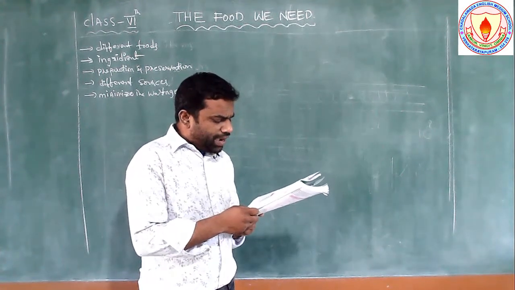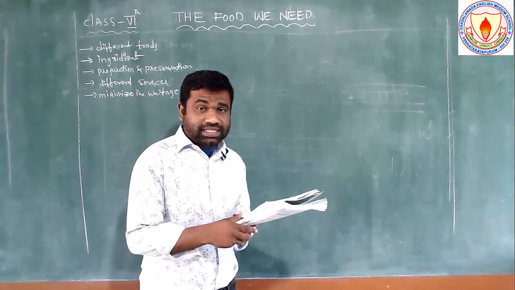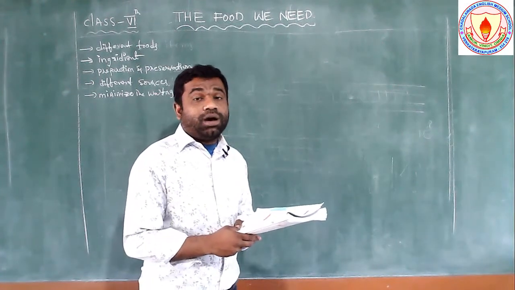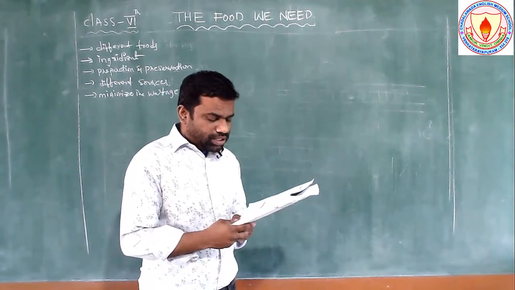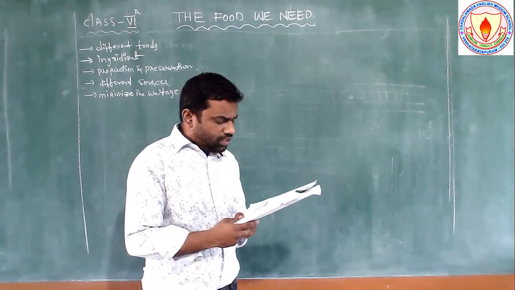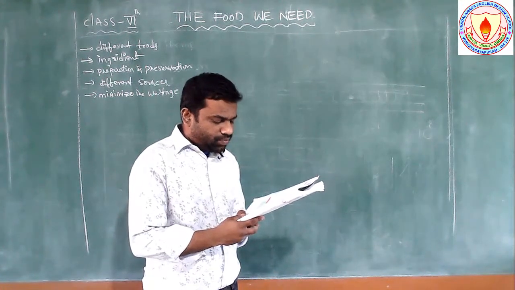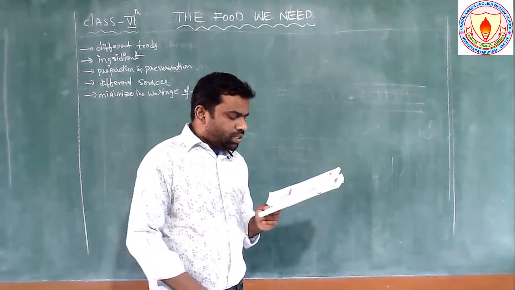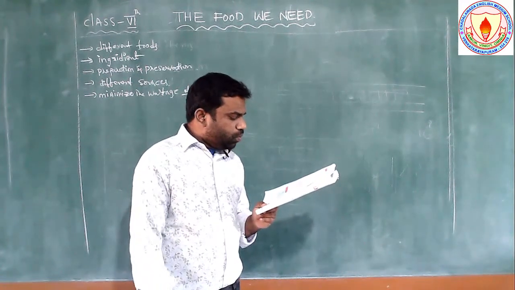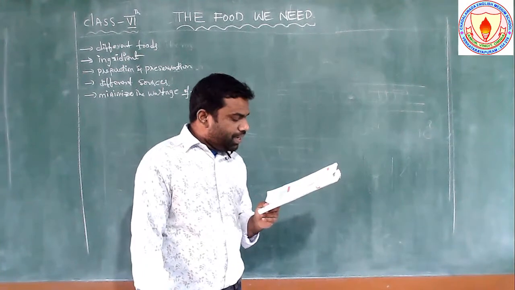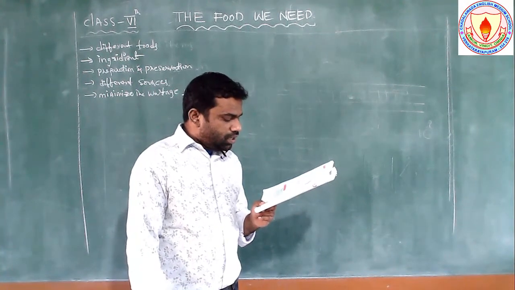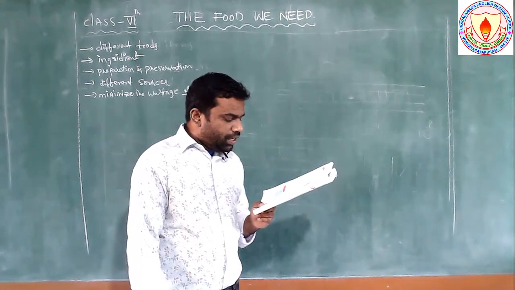According to the FAO, Food and Agriculture Organization, already we discussed FAO, the Food and Agriculture Organization estimate in the State of Food Security and Nutrition in the World 2018 report, 195.9 million people are undernourished in India.